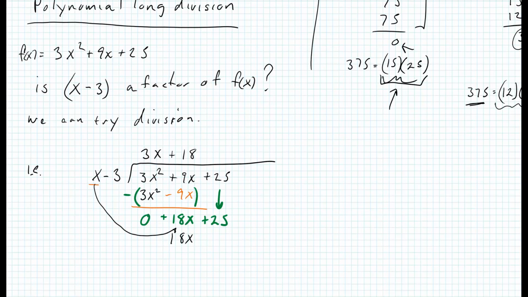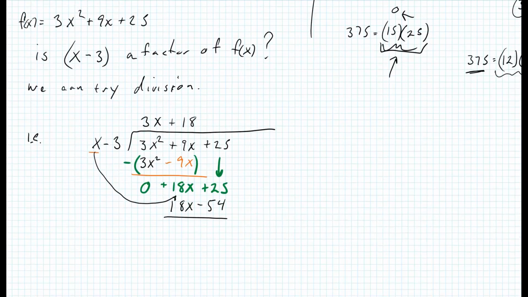And then minus 3 times 18, which is 54, I think. Don't be mean if I'm wrong about that being 54, by the way. I'm trying. And then I subtract these polynomials, and I'll get a 0. You should always get a 0 for the thing on the left.